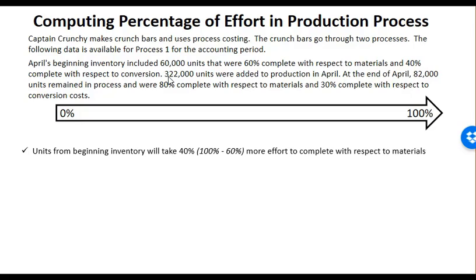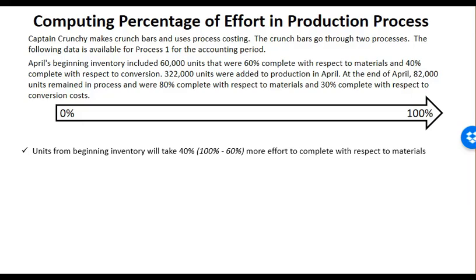So in some cases, depending upon what the product is and where it is in this continuum type of process, the materials versus conversion costs have different percentages of completion. So I have to account for materials and conversion cost separately.